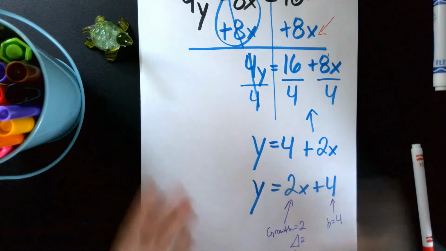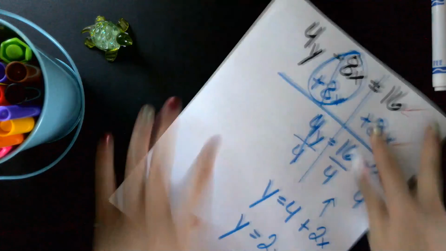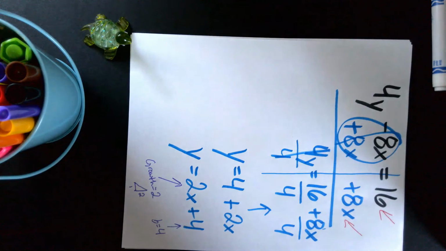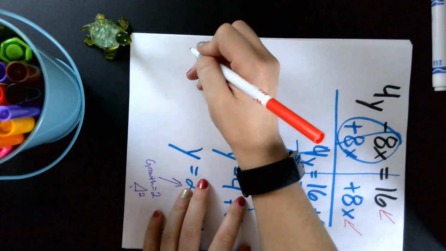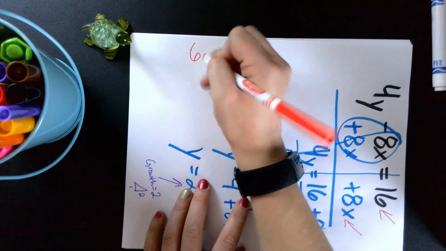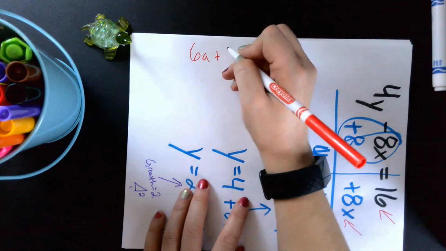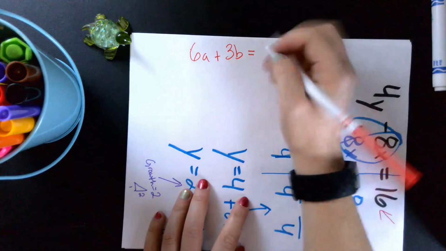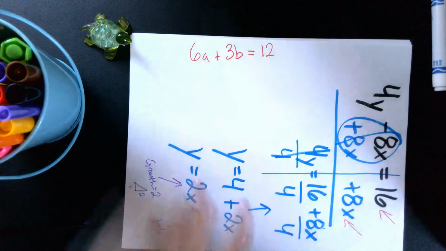So let's say you're doing another problem. No sense wasting paper. Let's say you're doing a problem that is 6a plus, I don't know, 3b equals 12.